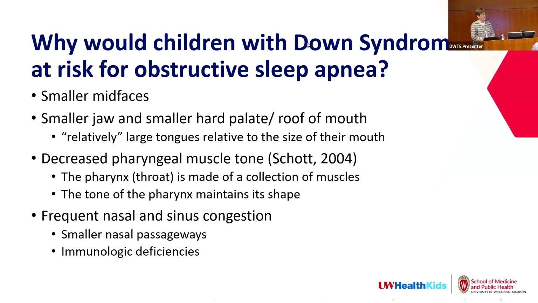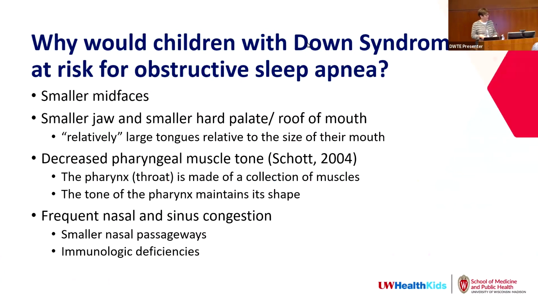If you have a relatively smaller space in your mouth area, the tongue can be relatively large for that smaller space, if that makes sense. Also, decreased pharyngeal muscle tone. The pharynx in your throat is made up of a collection of muscles, and the tone of the pharynx, just like in different parts of the body, can also be decreased. And so maintaining that shape for breathing can be affected.